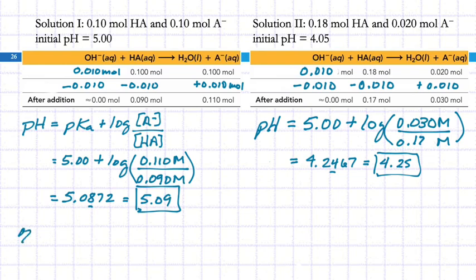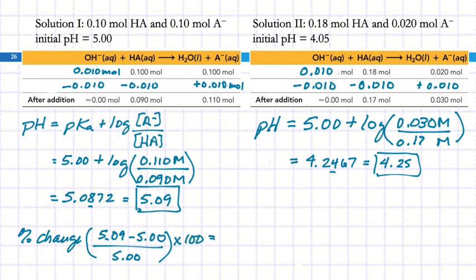So the percent change will be the difference, 5.09 minus 5.00, divided by the starting pH. So that's a change of 1.8%.